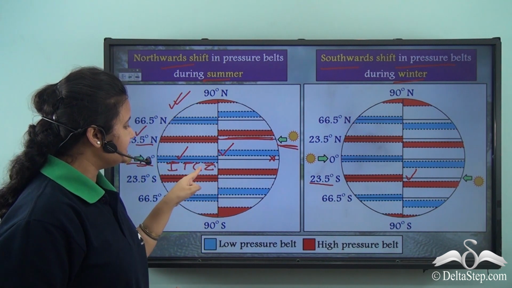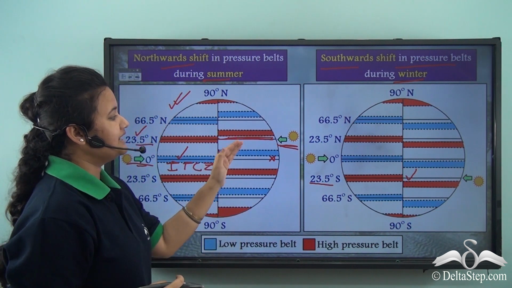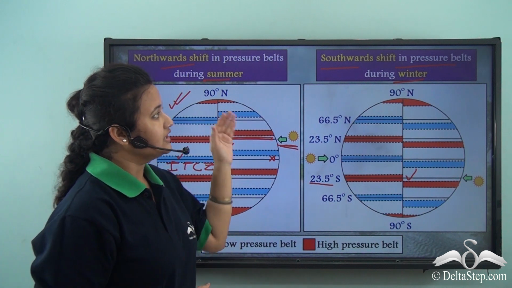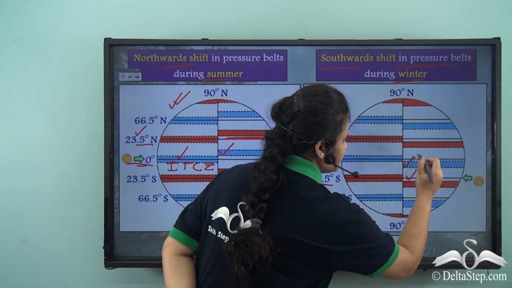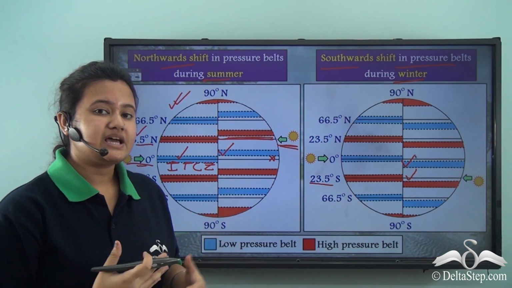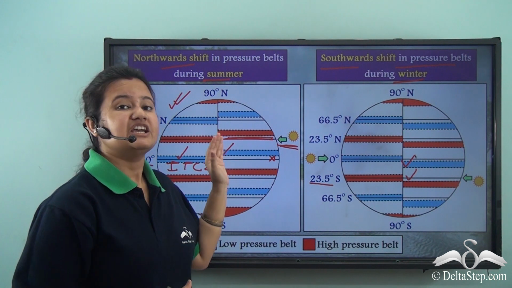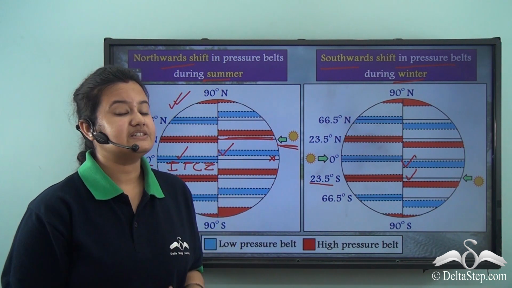So, this ITCZ, as you can see here, shifts northwards by some degrees. And during winter, this ITCZ shifts southwards by some degrees. Now, let's see what happens as a result of this shift in ITCZ and how does it affect the Indian monsoon.